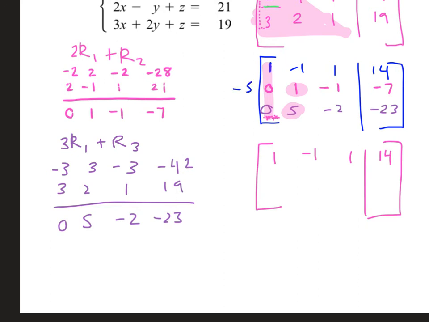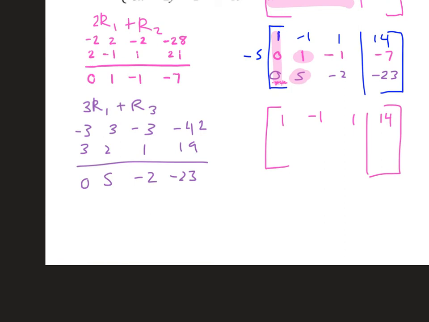So we have row 2 times -5 plus row 3. So our first row is staying the same. That's why I rewrote it. I have to add them together in order to get the zeros. So -5 times the second row would give me a what for my second row? 0.